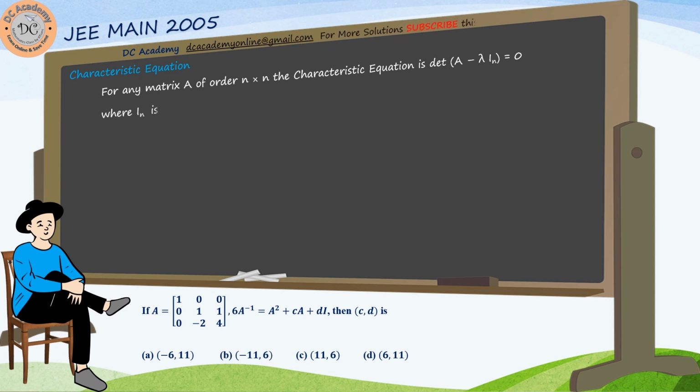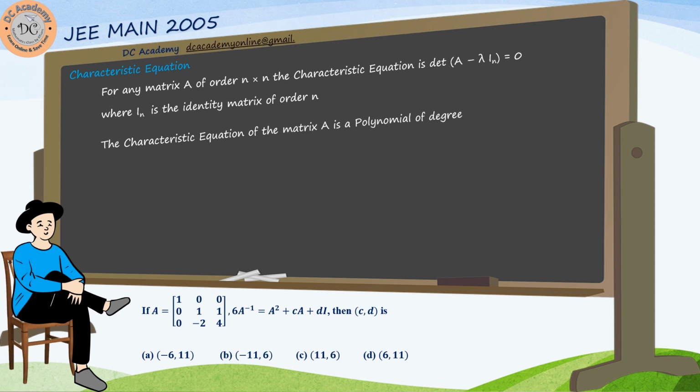When we find the determinant, that is called the characteristic equation. Here In is the identity matrix, obviously. The characteristic equation will be a polynomial of degree n, so whatever the order of the matrix, that will be the degree of the polynomial. If we expand, we get the characteristic polynomial as lambda to the n, plus a1 lambda to the n minus 1, plus a2 lambda to the n minus 2, and so on.